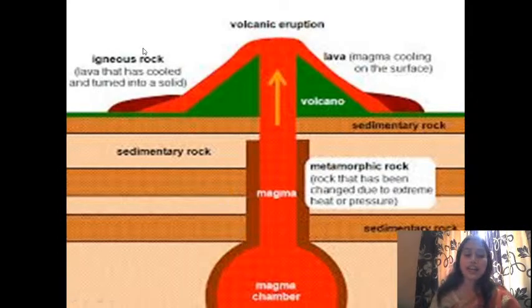I already told in the previous slide how the rocks formed. This is the magma. When it comes out, it's a form of lava. When it slowly cools down, it becomes rocks. So there are different types of rocks: first is igneous rock, then sedimentary rocks, and then metamorphic rocks.